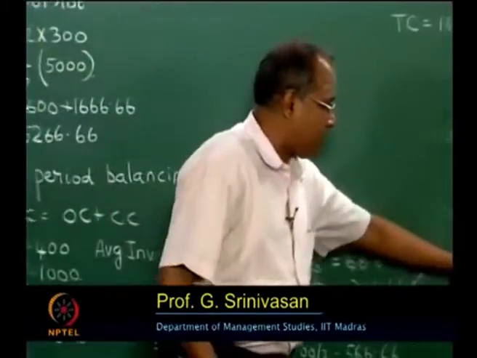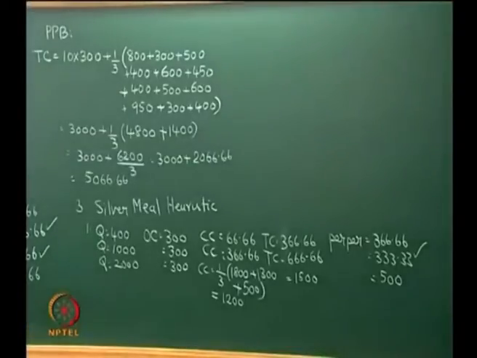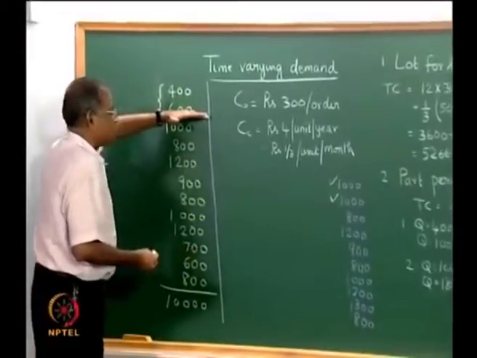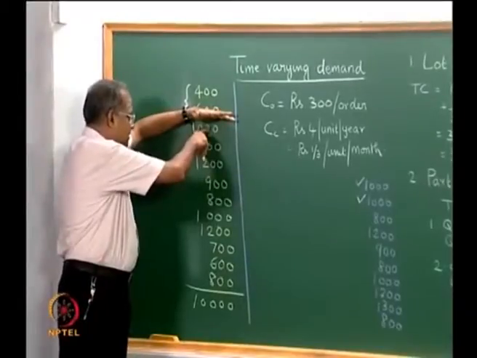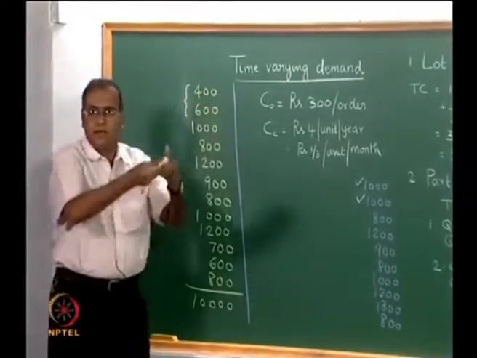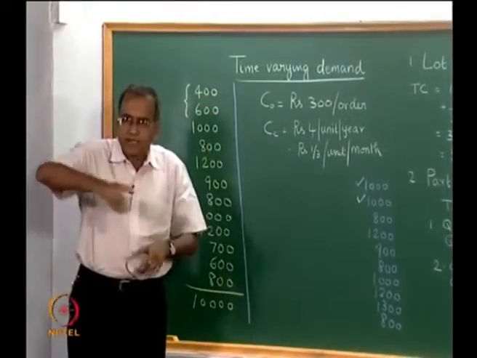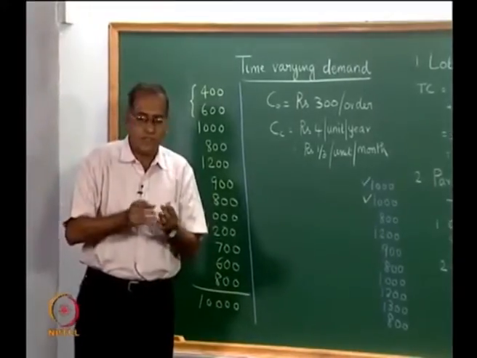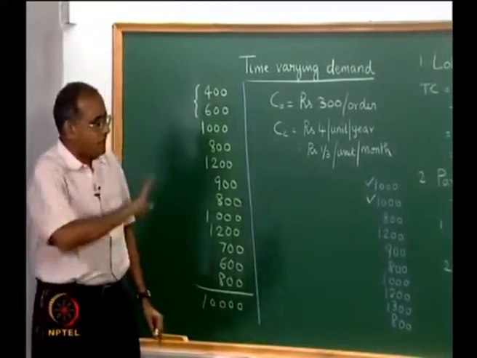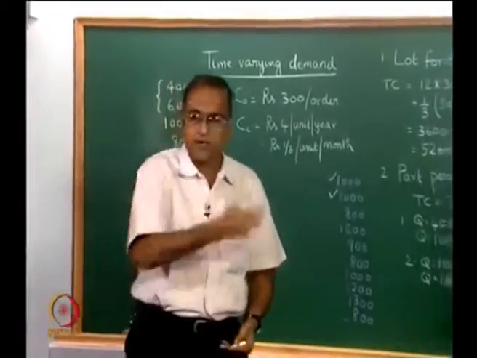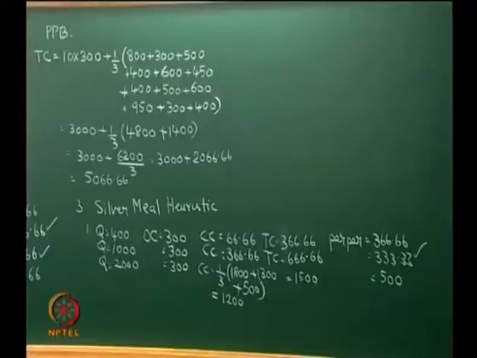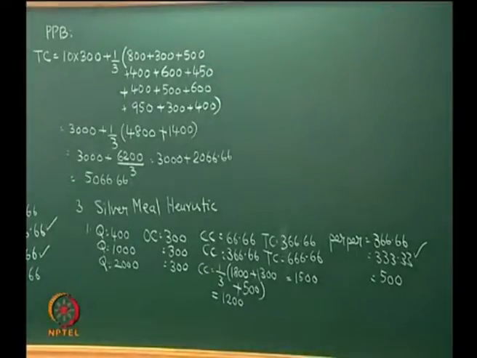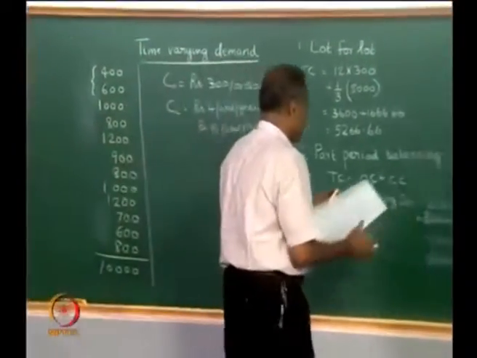Now, we have to continue like what we did here, starting from this. So, we will start with q equal to 1000, q equal to 1800 and so on till we find yet another local optimum and then we proceed. Now, if we do the silver meal heuristic, continue to do it for all the 12 periods, the solution that we will have is, so let me write down the solution for the silver meal.